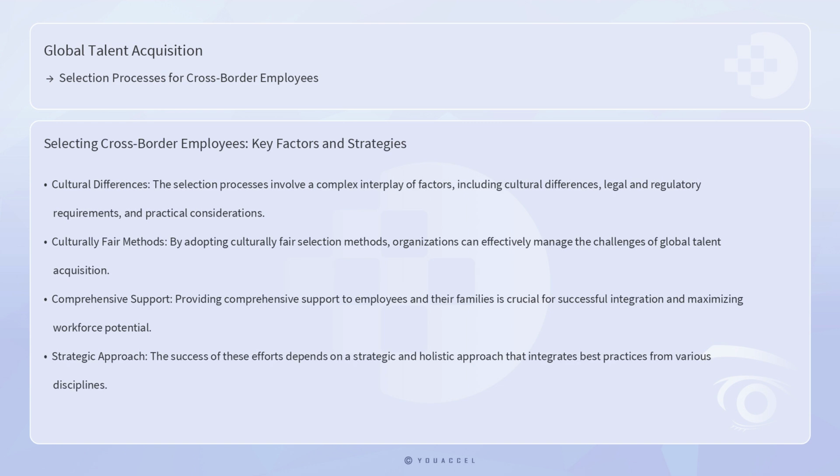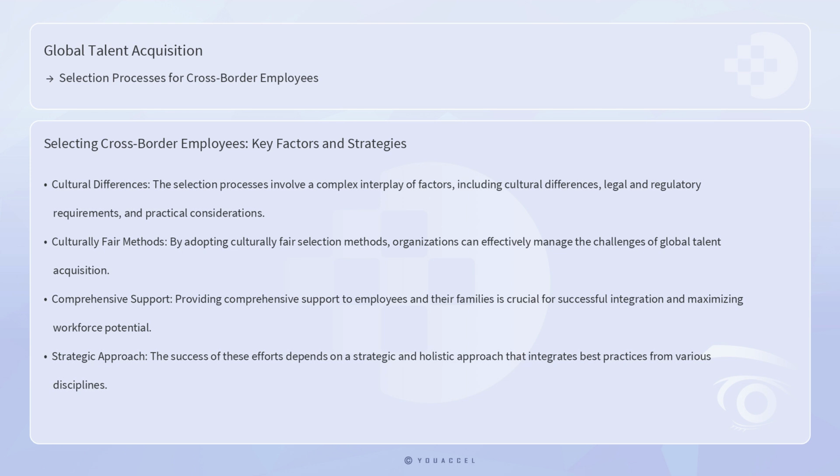In conclusion, the selection processes for cross-border employees involve a complex interplay of factors, including cultural differences, legal and regulatory requirements, and practical considerations related to relocation and integration. By adopting culturally fair selection methods, providing comprehensive support to employees and their families, and fostering an inclusive work environment, organizations can effectively manage the challenges of global talent acquisition and maximize the potential of their international workforce.